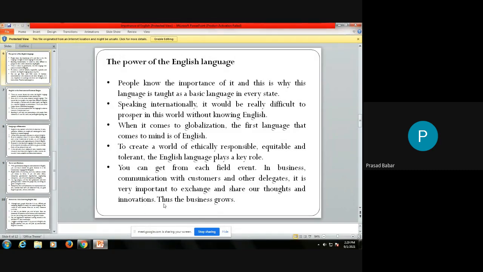So in business communication with customers and other delegates, it is very important to exchange and share our thoughts and innovations. So for exchanging or sharing our thoughts or innovations for the growth of our business, we must have command over this language. So that is why this is the power of English language.